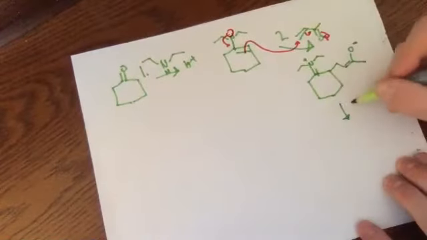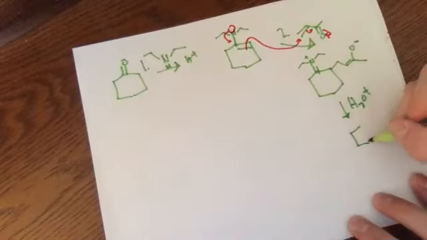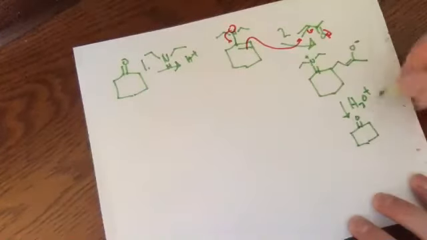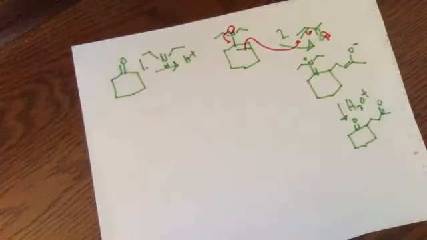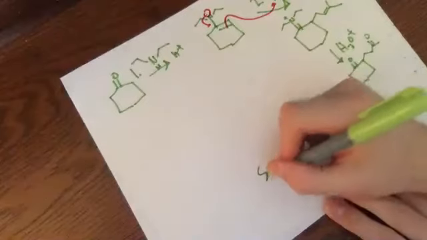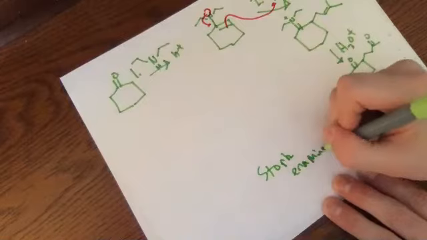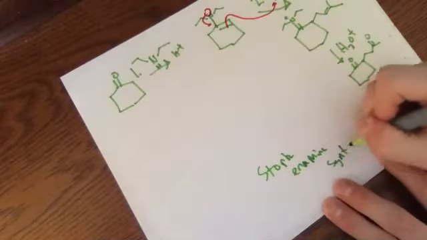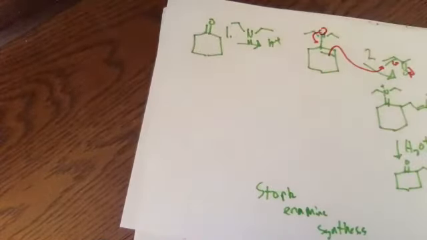So adding in H3O+ is going to both give us back our ketone as well as our Michael product here. So this is called the Stork enamine synthesis. And you're essentially just using an enamine in order to do the normal Michael addition reaction.